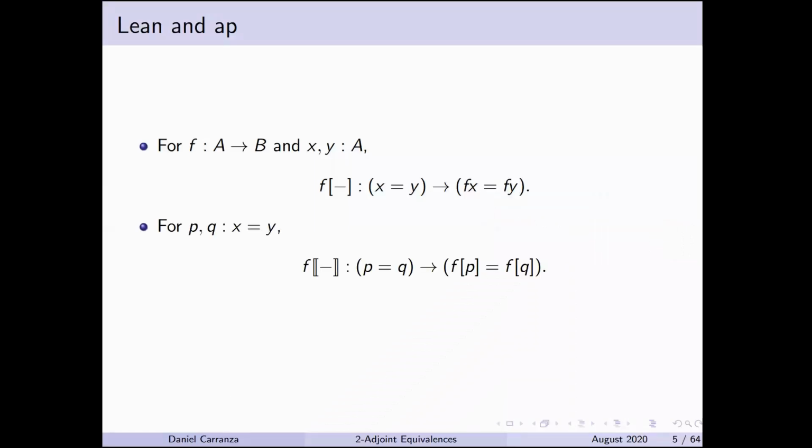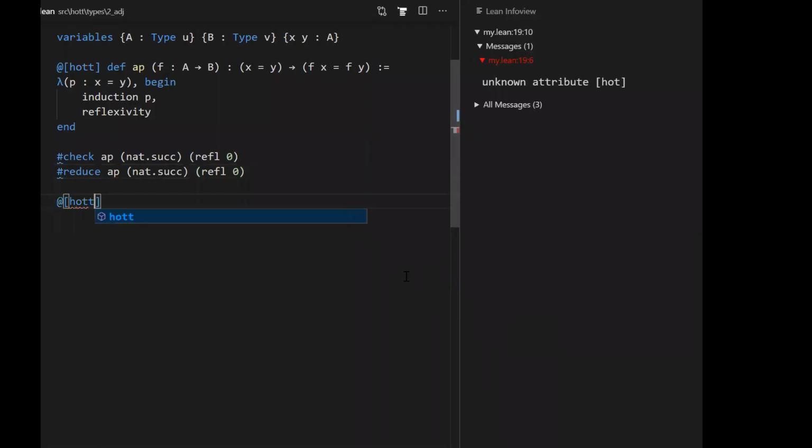Now, if we have two such paths from x to y, then we can take a two-dimensional path between these two paths, p equals q, and we can return a path that AP f p is equal to AP f of q. So we can demo that in Lean real quick.